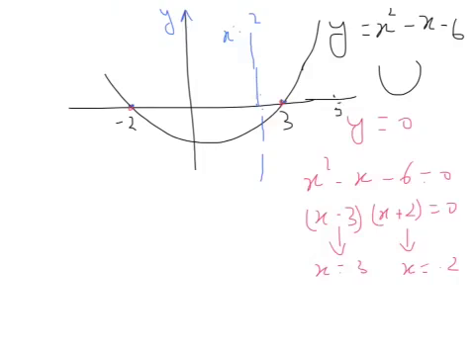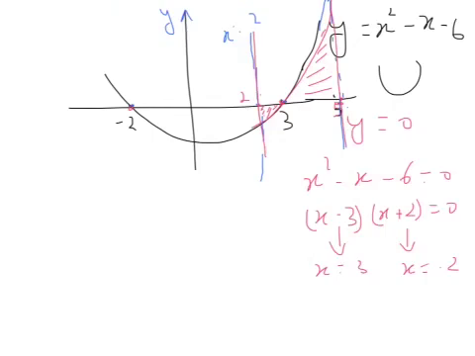So it's another line parallel to the y-axis. So the area that we need to find is bounded by this line and the curve. So it's this part and this part, and that point is 2, that point is 3, and that point is 5.